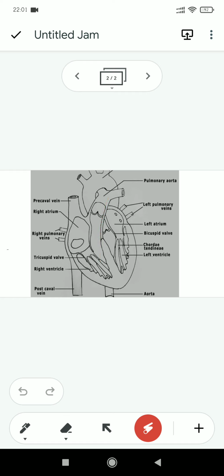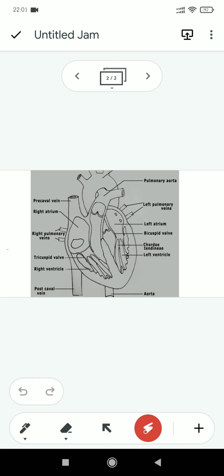As we all know, pulmonary means it has a connection with the lung. The pulmonary artery has two branches which divide. One part is connected to one part of the lung, and the other part is connected to another part of the lung.